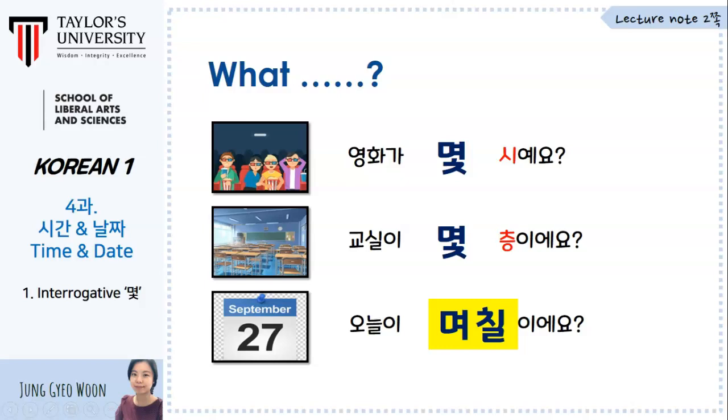So here the interrogative 몇 can be how many or what number. What time? Which floor? Or what date? In the next video, we are going to talk about this question, 며칠이에요, to ask the date and tell the date.